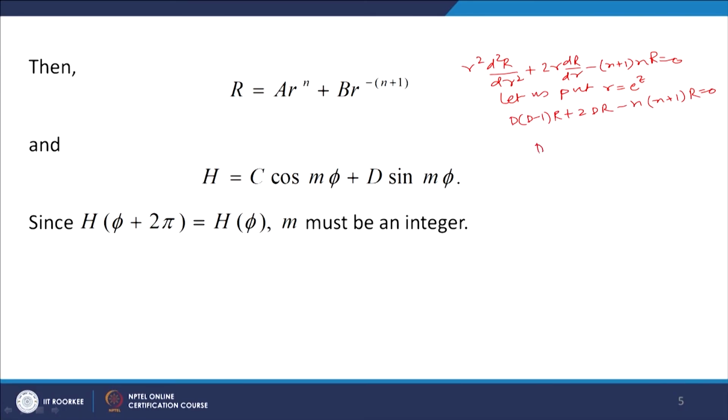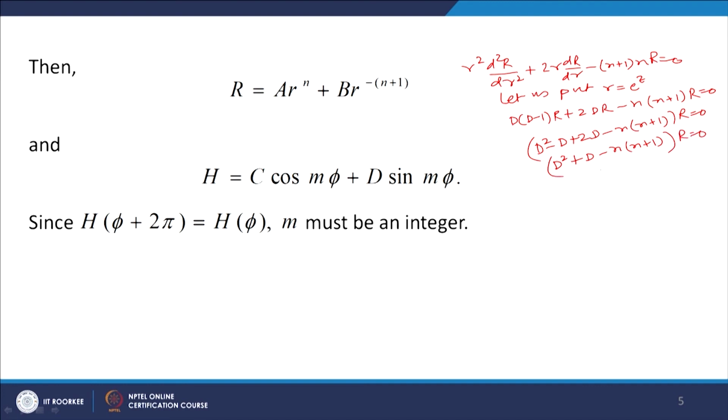R, I can write it as (D² - D + 2D - n(n + 1)) operating on R equal to 0, and what we get then is (D² + D - n(n + 1)) R equal to 0. Okay.